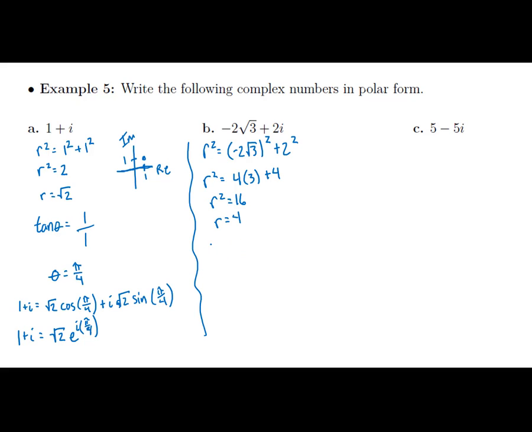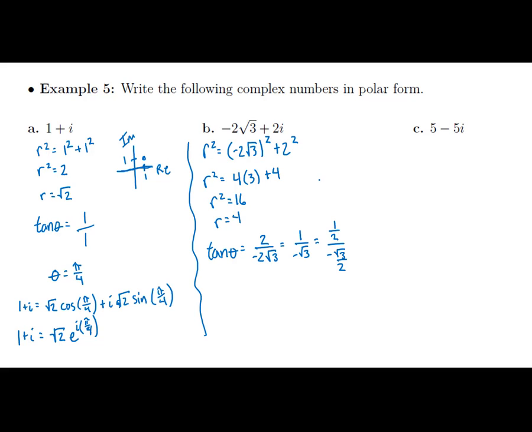And then the tangent of theta is going to equal 2 divided by negative 2 root 3, which is 1 over negative root 3. And then we should recognize those as special values, because I can divide the top and bottom both by 2 and get special values on the unit circle.